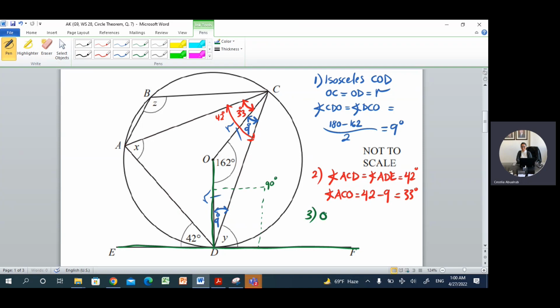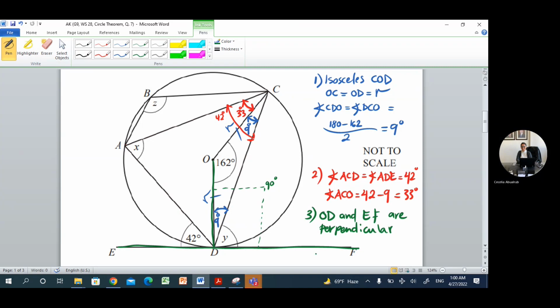So radius OD and tangent EF are perpendicular.